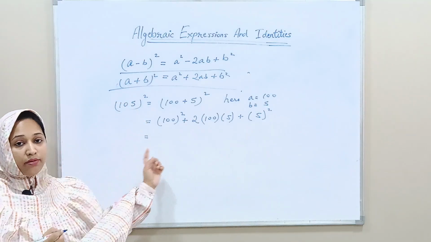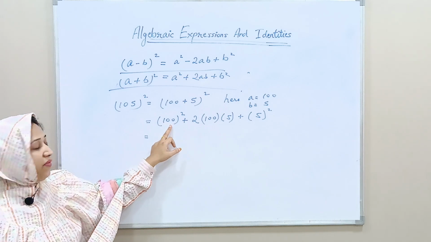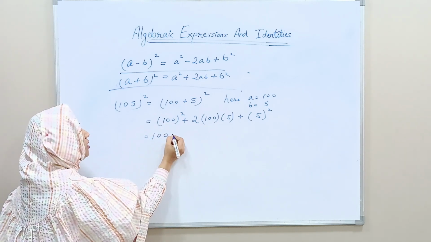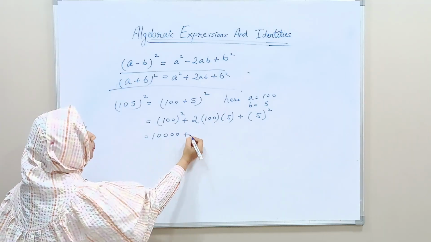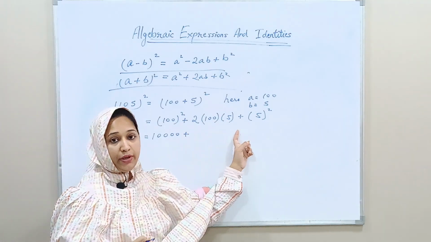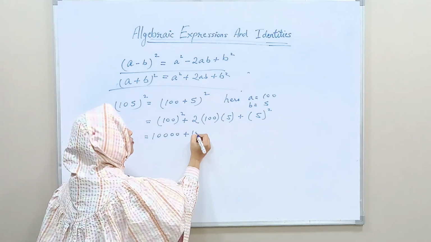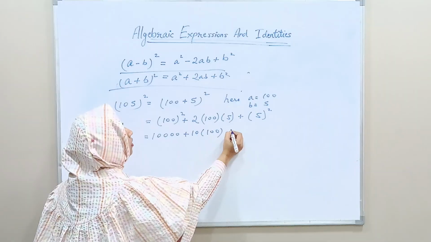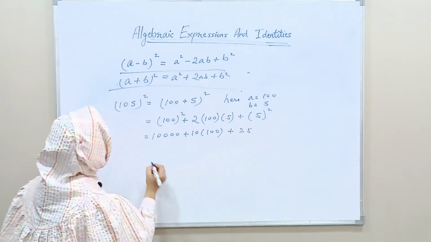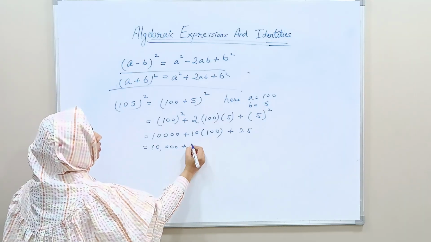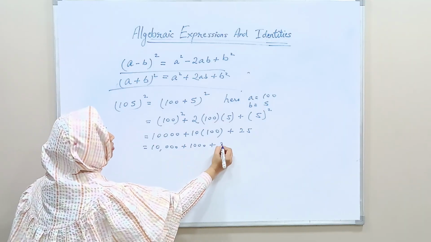Now 100 square is simple, we have 2 zeros here, when squaring it becomes 4 zeros, so this becomes 10,000, plus 2 into 100 into 5, so 10 into 100 is 1000, plus 5 into 5 is 25.